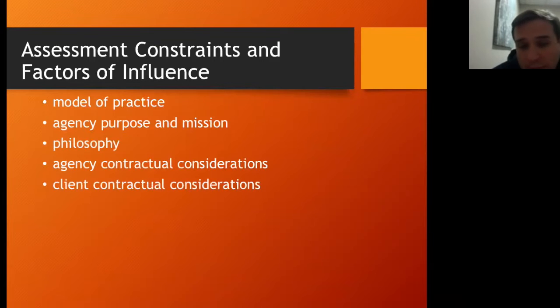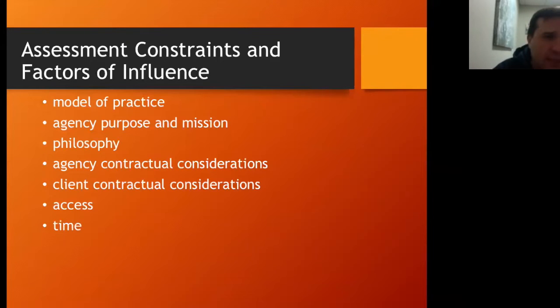The client's contractual considerations, things like parole, probation, ACS, any agencies that might have some power over their autonomy. And then, of course, access, which I think is one of the most important things. Like how accessible is your agency or your assessment documents or your assessment presentation to clients based on their own intersectional social positioning.